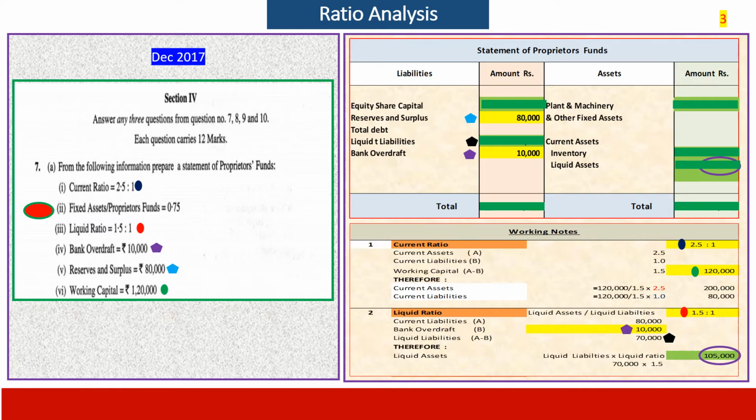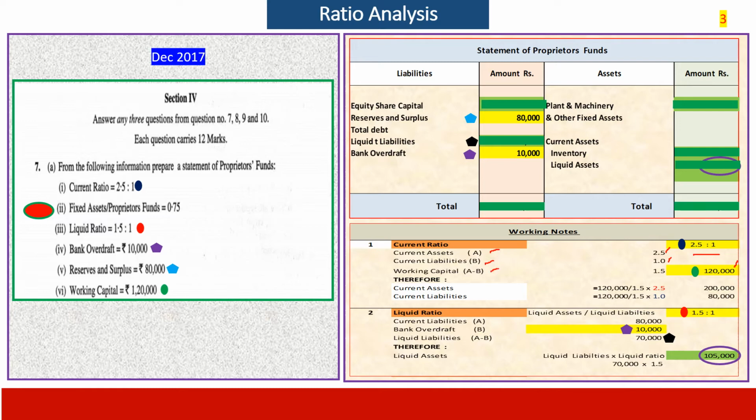Now, current ratio is equal to current assets divided by current liabilities. And the ratio is 2.5:1. We will just write one below the other. Current assets, if it is 2.5, current liabilities, which is B, is equal to 1. And they have given us 1,20,000 as working capital.